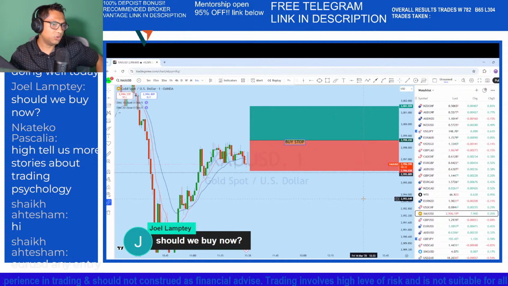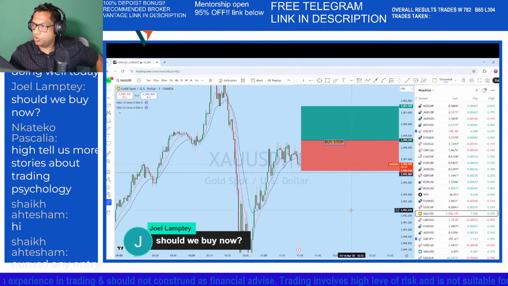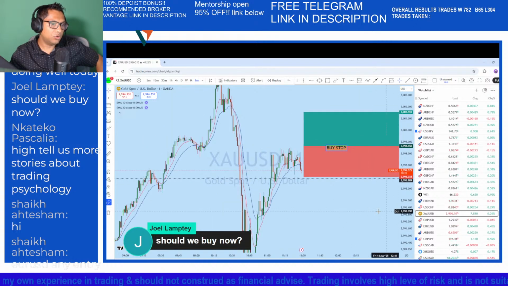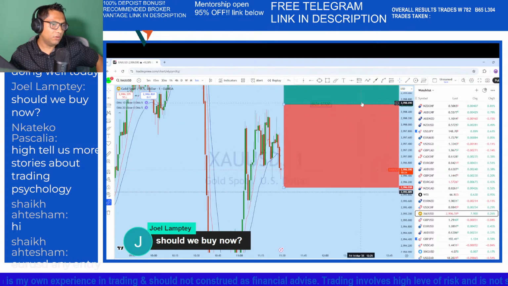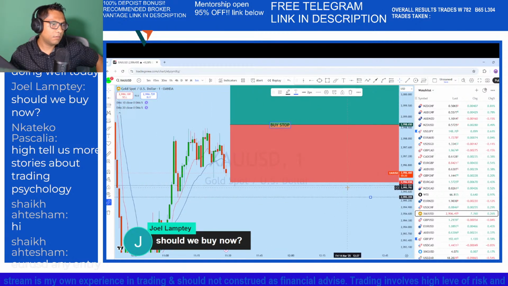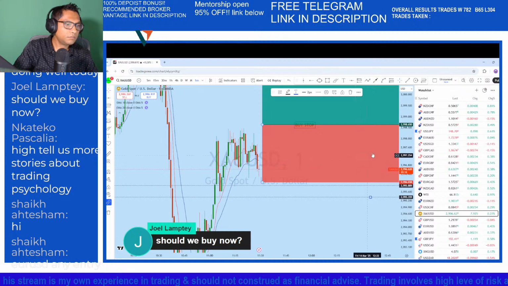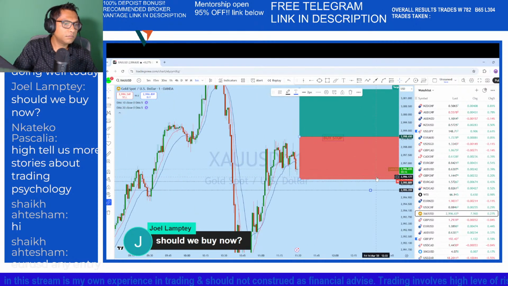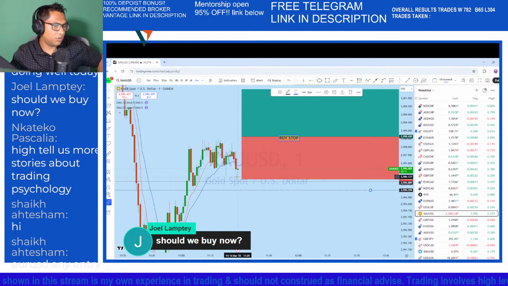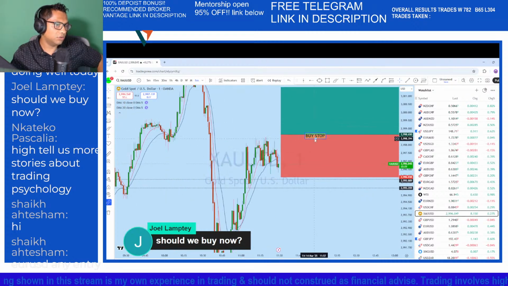Otherwise, we are waiting to see if it drops back down here, which we might see even drop further to that support level. Otherwise, if it manages to break out, then we are on the trade.